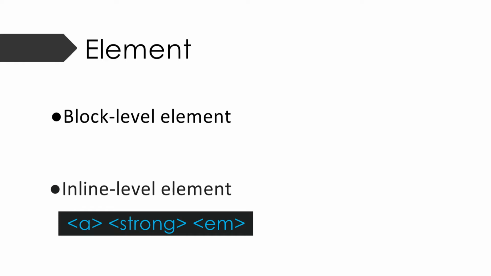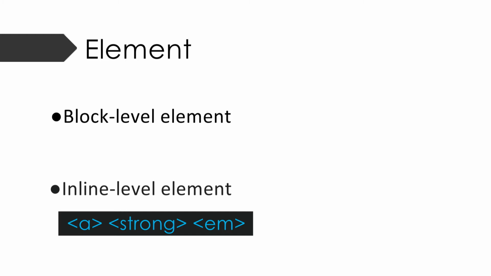Other candidates can be the strong and EM elements. These elements do not generate a break before or after themselves. So they can appear within the content of another element without disrupting the display.